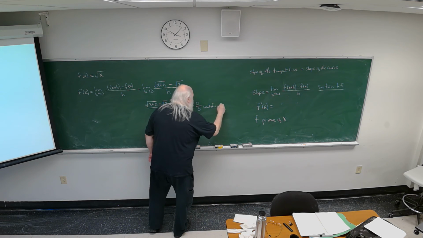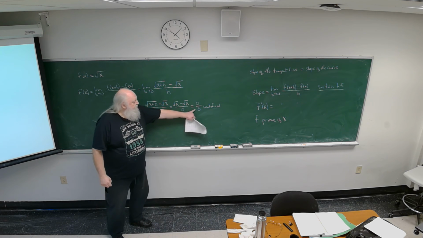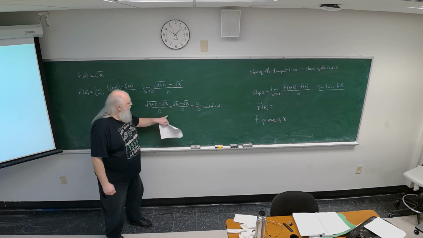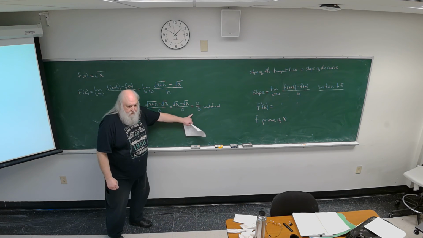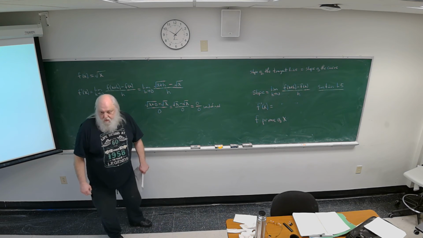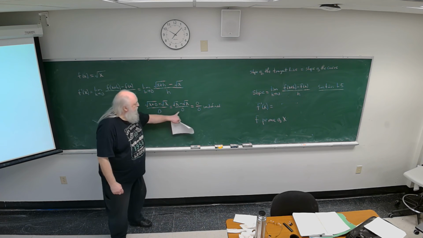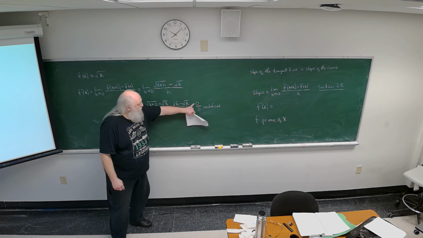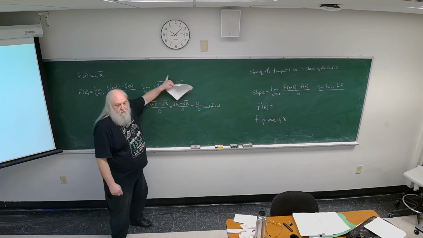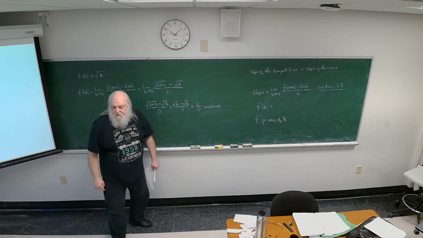Well, what we learned in section 1.5 is even though the function is undefined at h equals 0, the limit still may exist. That's what we learned in section 1.5. So first we did the direct substitution, and if we ended up with 0 over 0, we knew we had to manipulate this algebraic expression because the limit could still exist.